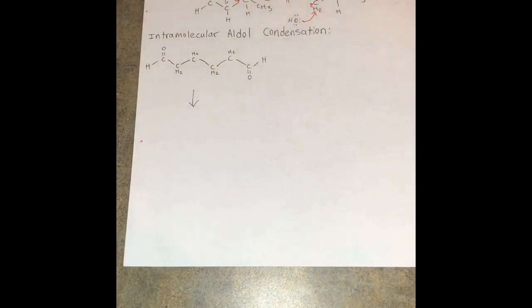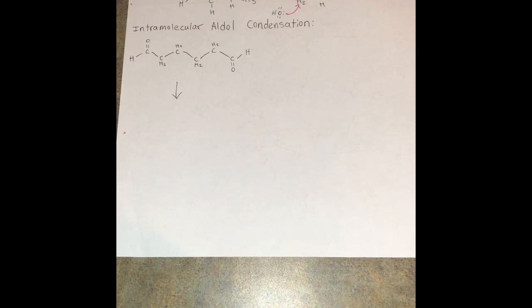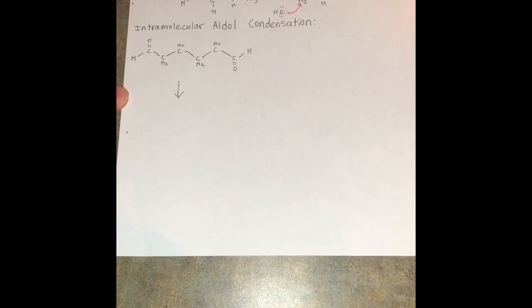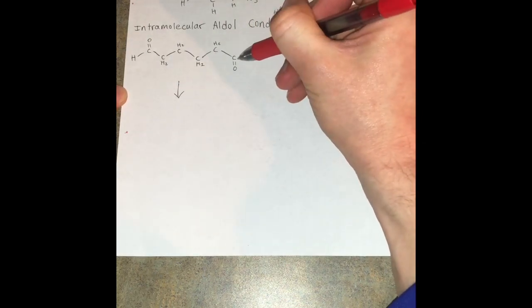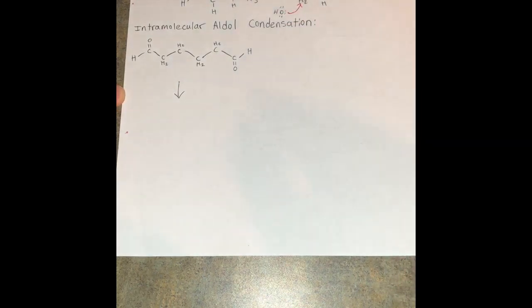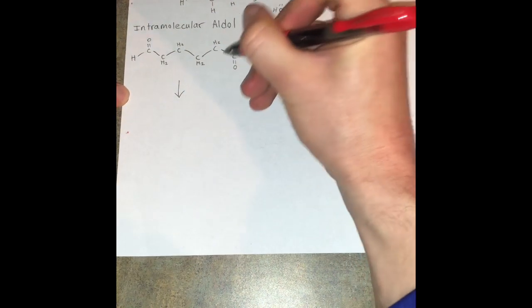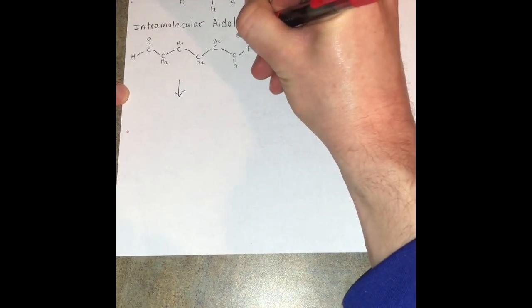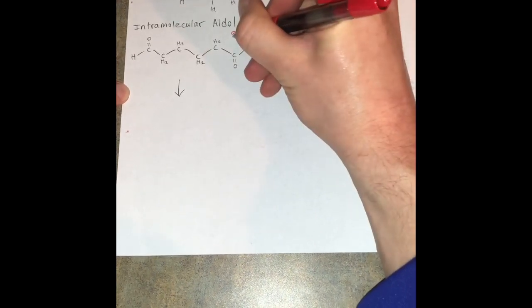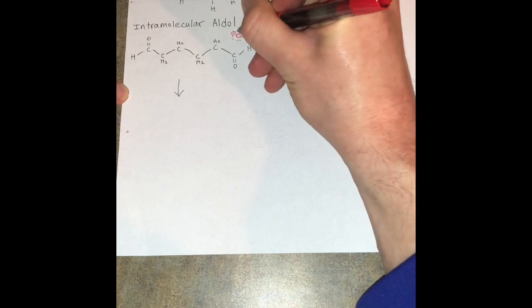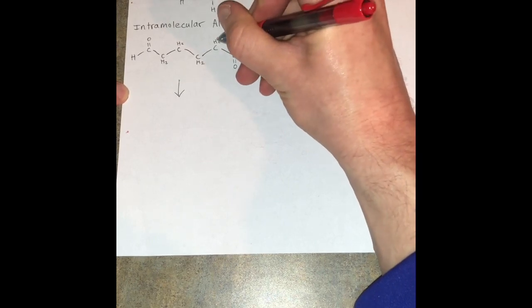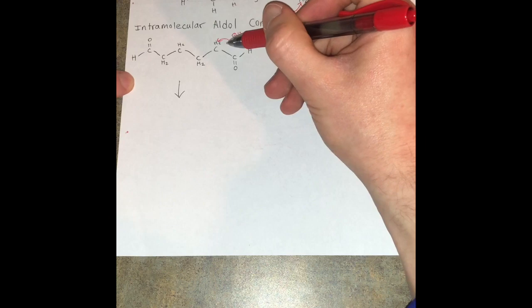Now let's take a look at an example of an intramolecular aldol condensation. So if we were to add in OH- and heat, this can occur, and in the first step we'll get a deprotonation at the alpha carbon, which is the carbon bonded to your carbonyl. So I'm going to draw in OH- right here. And if we take one of these pairs of electrons on OH-, we can steal one of these H's away from the alpha carbon.